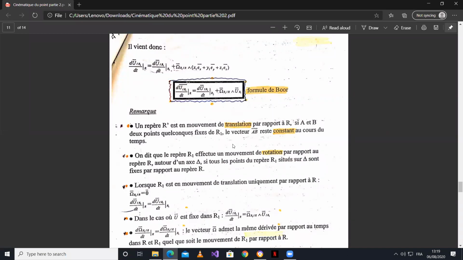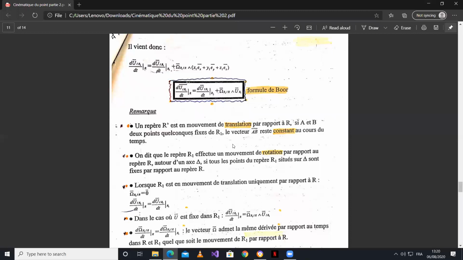If the point is only being translated, en mouvement de translation uniquement, meaning there's no rotation, the vitesse angulaire is going to be equal to 0.